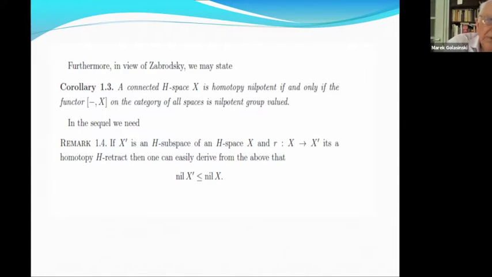Although it is equal, we need the following observation. If X is an H space, X prime is an H subspace of the H space, and there is a map r from X to X prime which is an H retraction, then we can easily derive that the nilpotency class of this subspace is less or equal than the nilpotency class of the space from which we start.